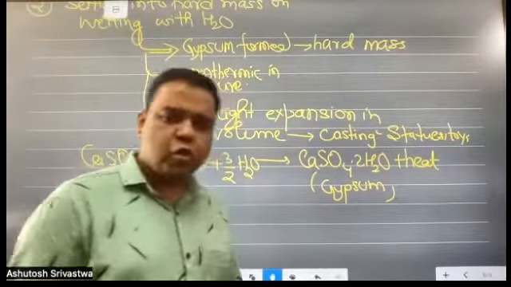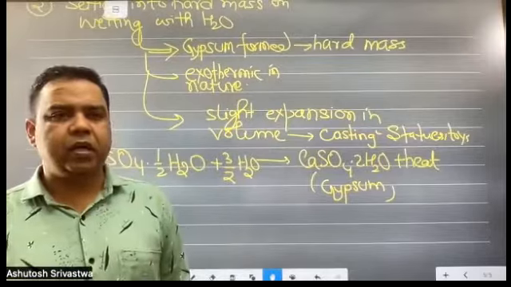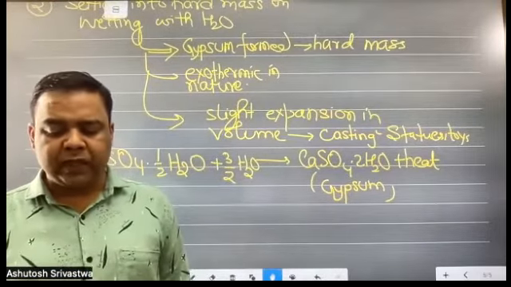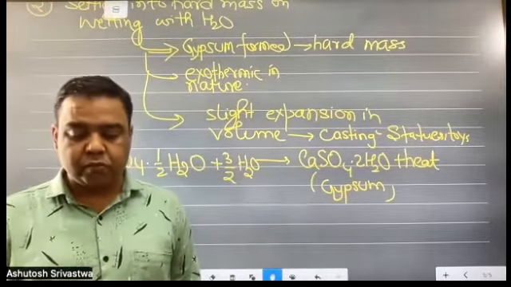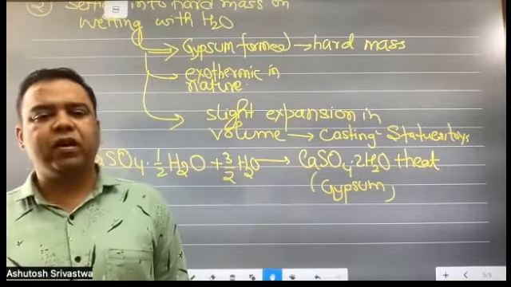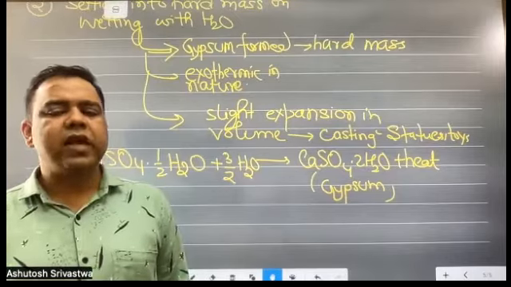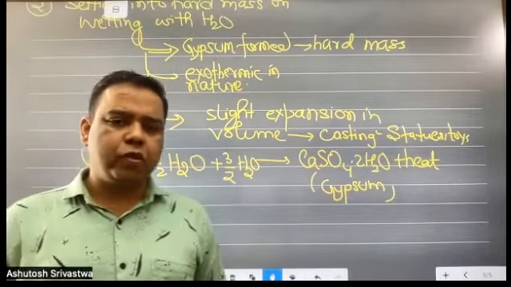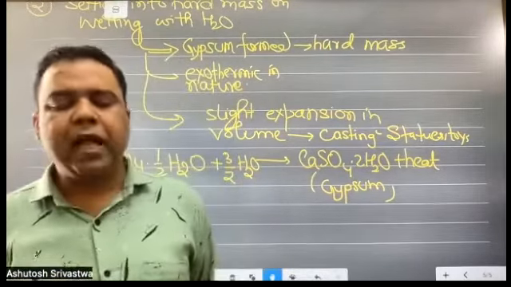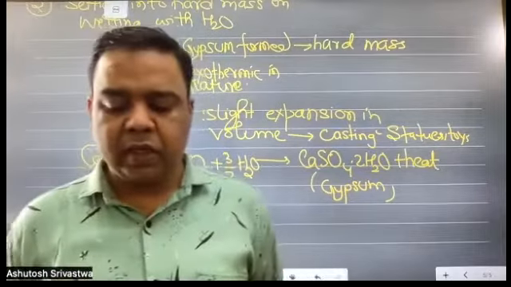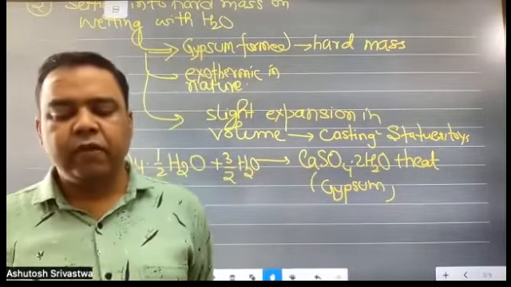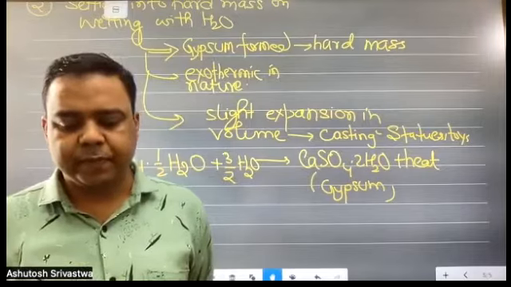One obvious question that is going to come here is why POP, that is plaster of Paris, should be stored in moisture-proof containers. Simple question, just write it down. Important question for boards. Why should plaster of Paris (POP) be stored in moisture-proof containers?